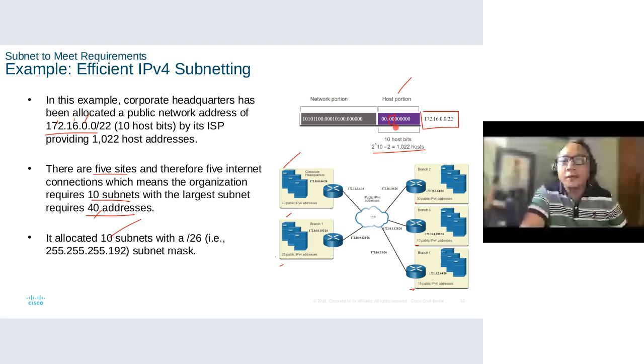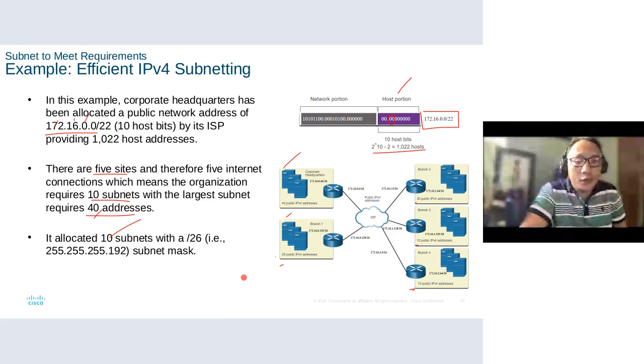So therefore, makikita nyo rito yung remaining bits natin is 2 raised to 6. And 2 raised to 6 is around 64. Tama?